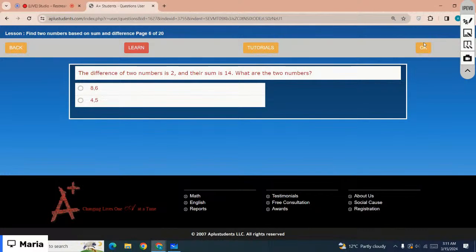Yes, the correct option is 8 and 6 because 8 plus 6 makes 14 and their difference is 2. The correct option is option number 1.